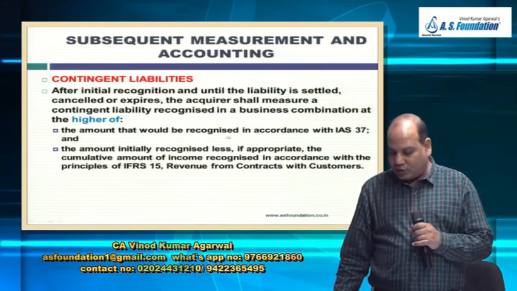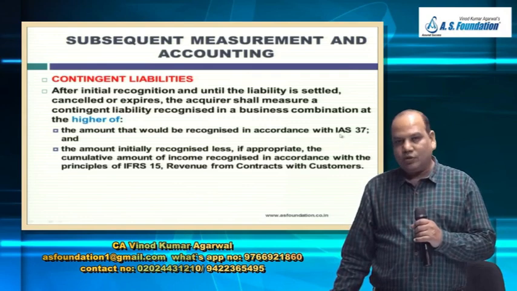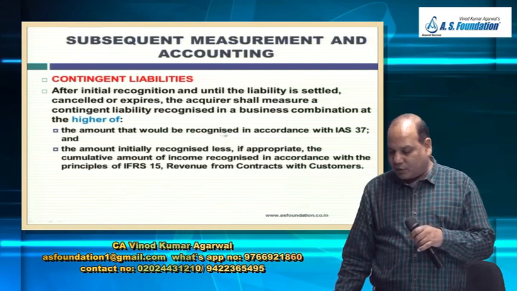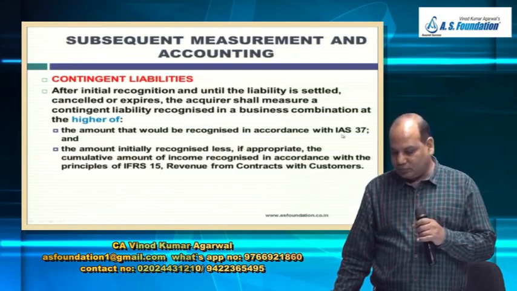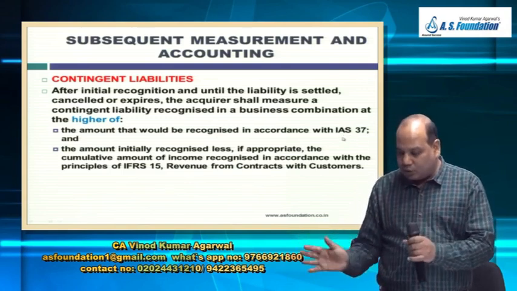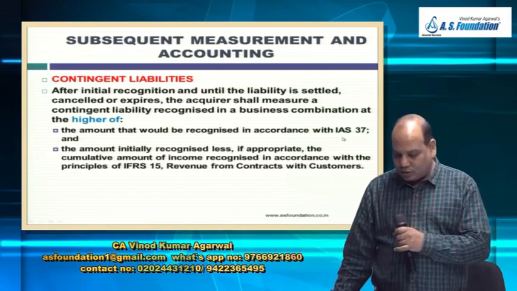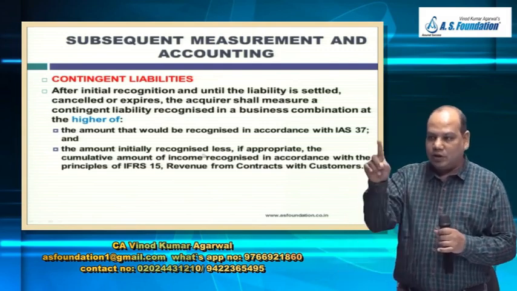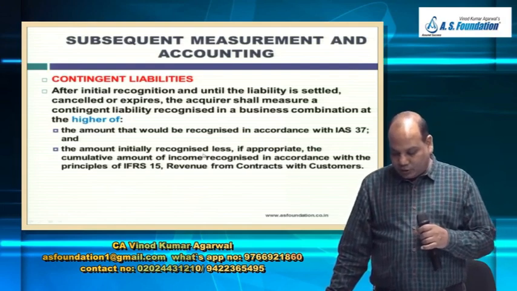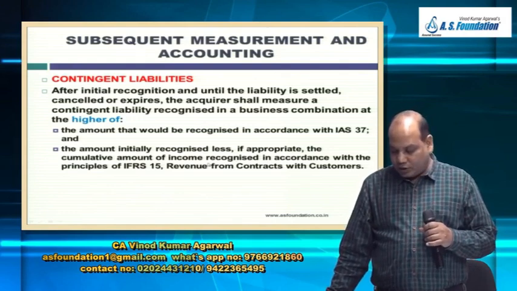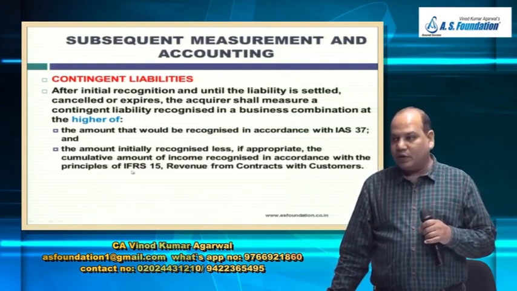The amount that would be recognized in accordance with IAS 37. IAS 37 is provisions, contingent liabilities and contingent assets. So apply the measurement principle of IAS 37 and see what amount we would have recognized. Or the amount initially recognized, what we recognized on day one, less, if appropriate, the cumulative amount of income recognized in accordance with the principles of IFRS 15.